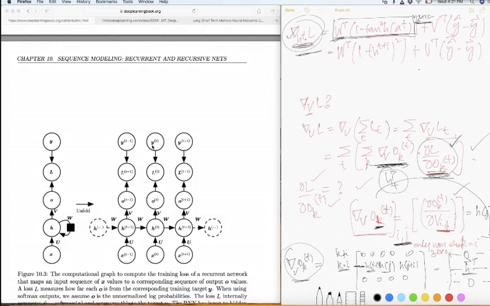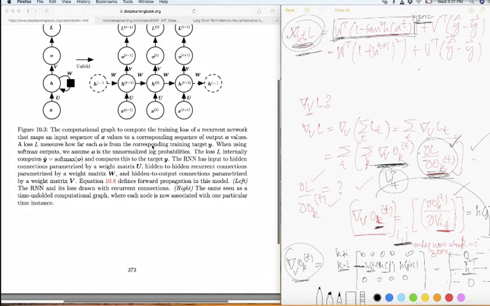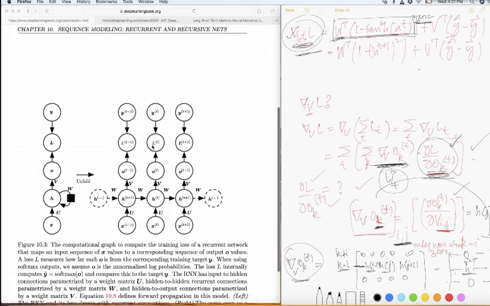So if you do this, then all these stages become independent, because y is basically given to you. It's a fixed thing. It's not a variable, like h was a variable. y is just given to you.